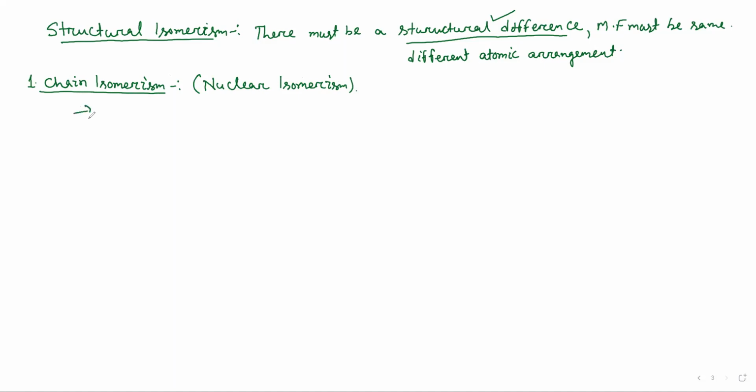In this type of isomerism, the molecular formula is the same but the carbon chain length is different. Let us take an example to clarify this.